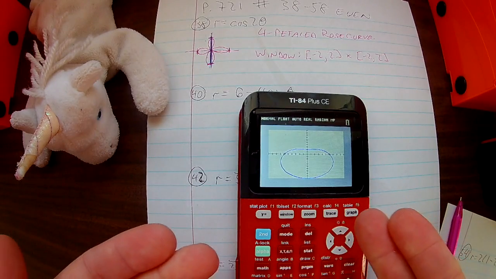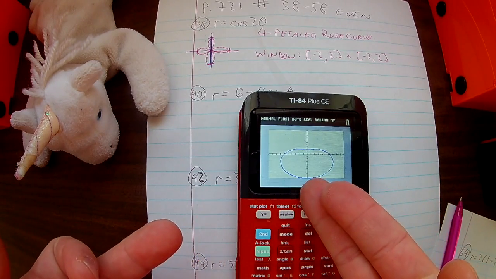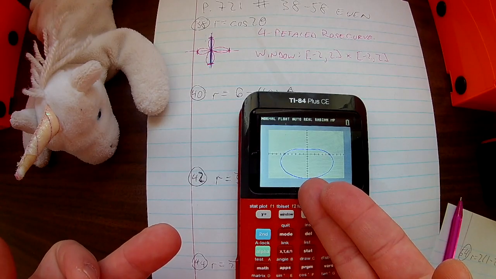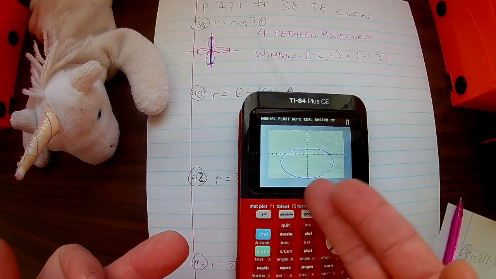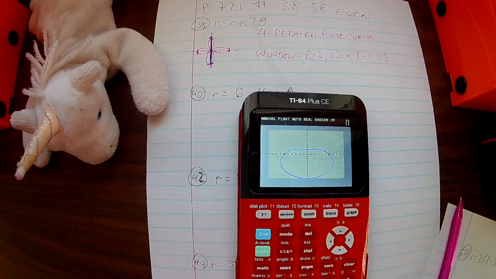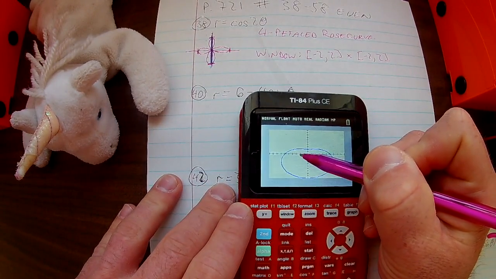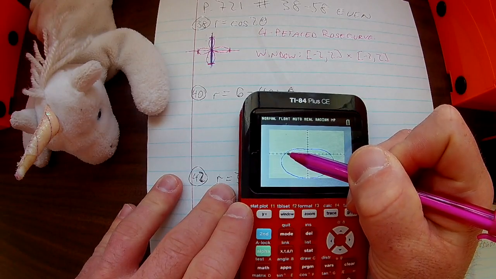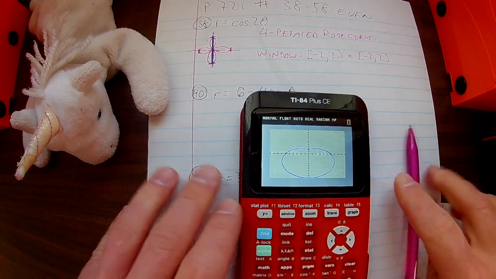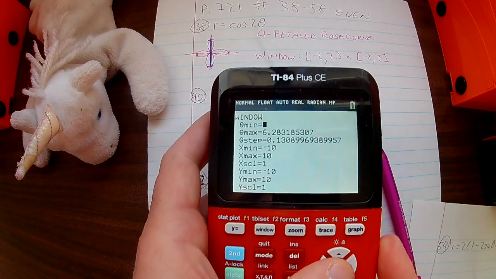So now I look at this viewing window, I see it goes down to -10 on the y min, so I'm going to make my y min -10, my y max maybe like 3. I'm going to have to count over here: 1, 2, 3, 4, 5, 6, 7. I'll make it -8 to 8 for the x's.